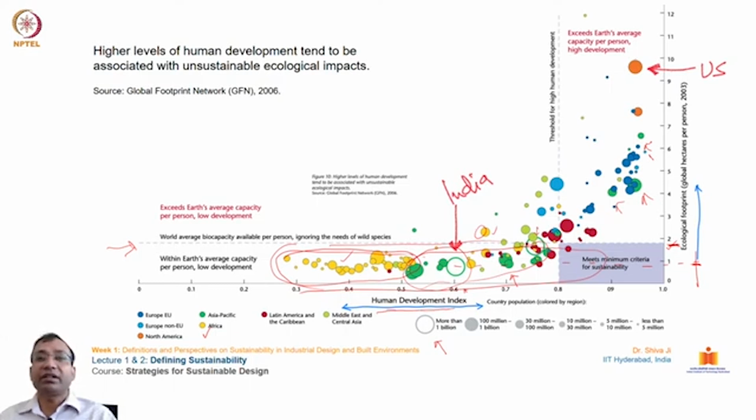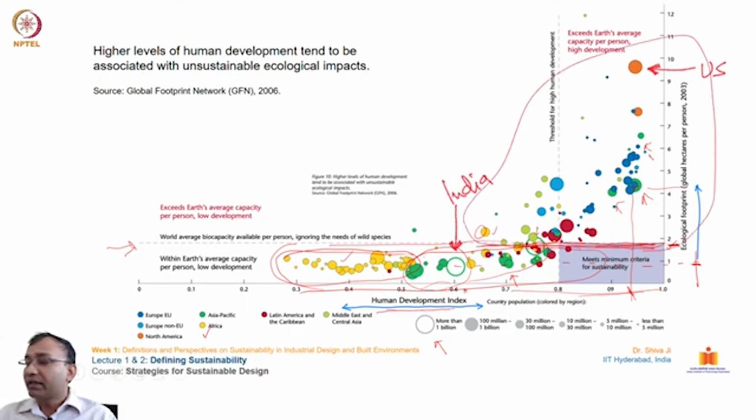Okay, so they are doing much better in the human development index as well as ecological footprint. So even if they are high on this x-axis, they are high on the y-axis also. So they have already crossed this limit. The countries which are above this dotted line, all of this group, is the group of the big polluters.